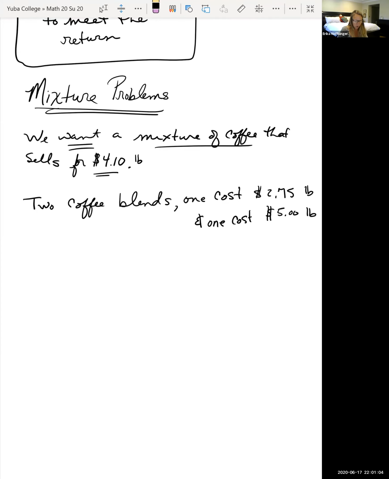So we want to know what is the amount of each coffee used to obtain the desired mixture.